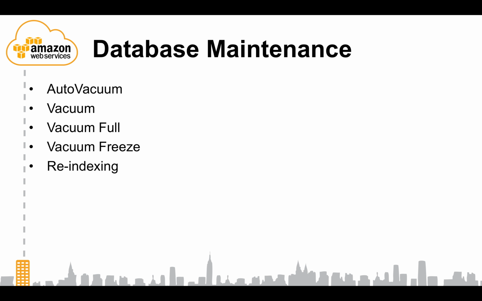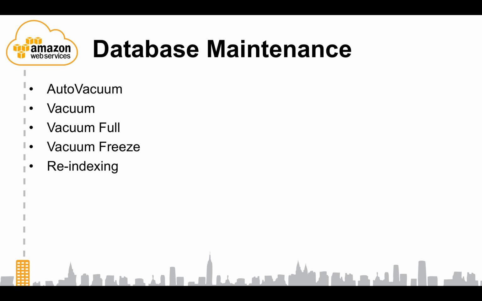Auto vacuum is a tool which automatically triggers when the threshold limit is reached according to the parameters set in the PostgreSQL configuration file. Thus, it reclaims the space that was occupied by the dead tuples or records for reuse by the same table.